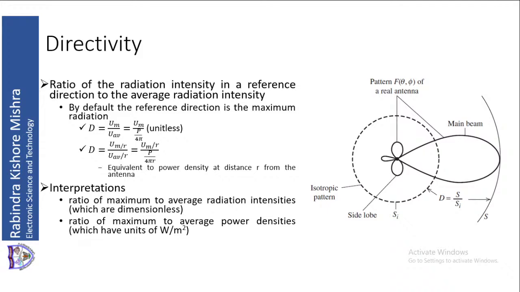But if you consider the ratio of maximum to average power densities, that has units of watts per meter square, since the average power density has the unit of watts per meter square.